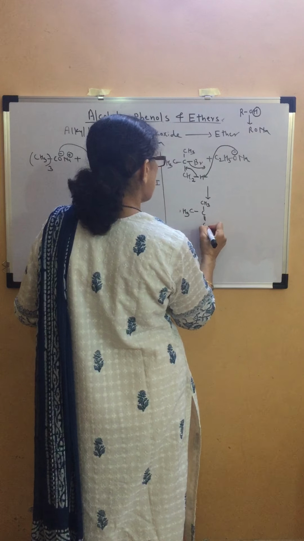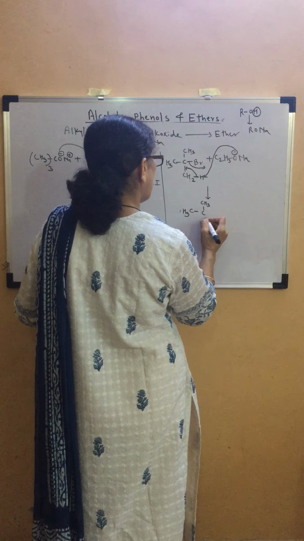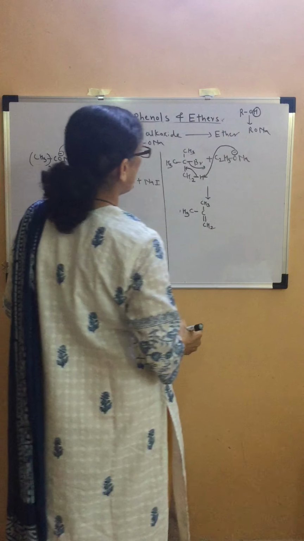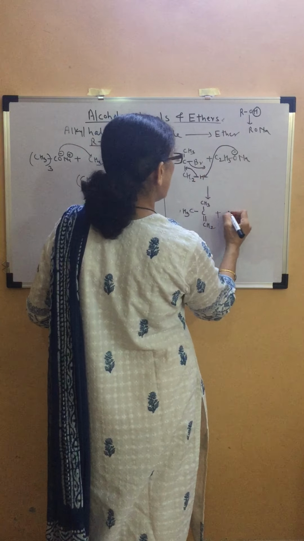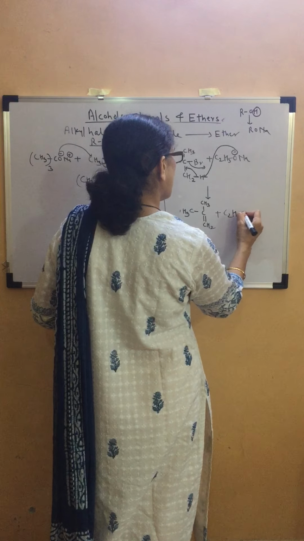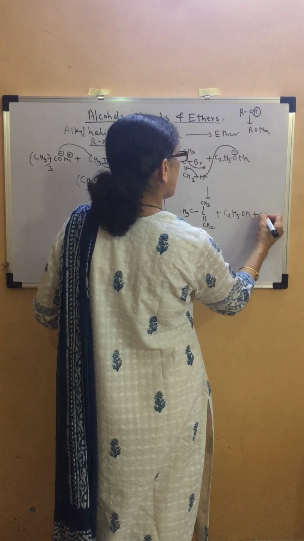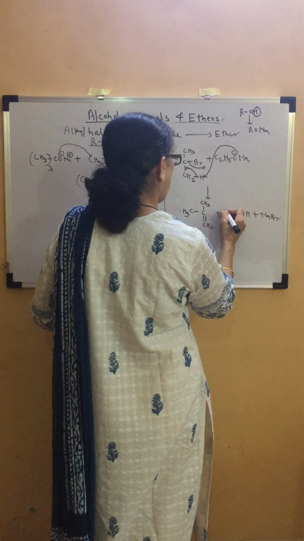Double bond CH2, that is an alkene we will get, and C2H5OH and NaBr. See the reaction carefully.